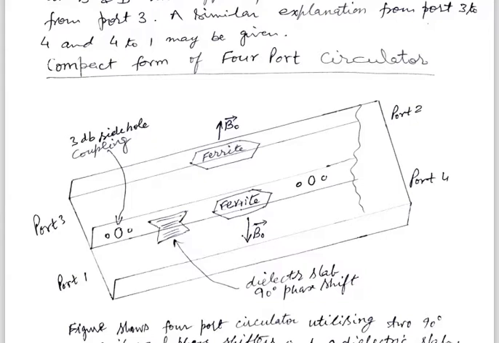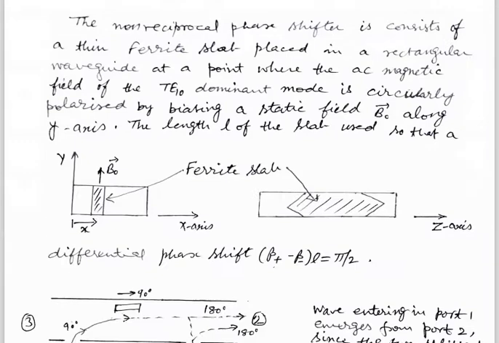One dielectric slab, which also produces a 90-degree phase shift, is placed in one of the rectangular waveguide arms, and there are two 3 dB side hole couplers in the side wall.